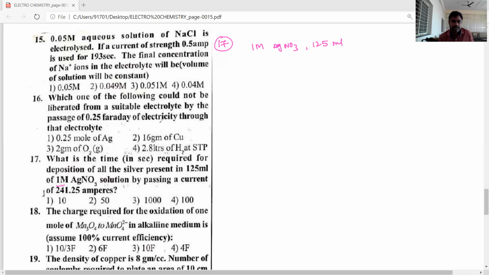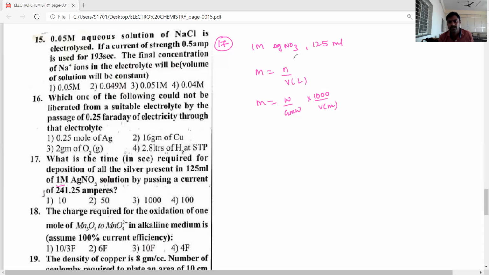Molarity is equal to number of moles by volume in liters. Molarity is nothing but weight by gram molecular weight into 1000 by V in ml.